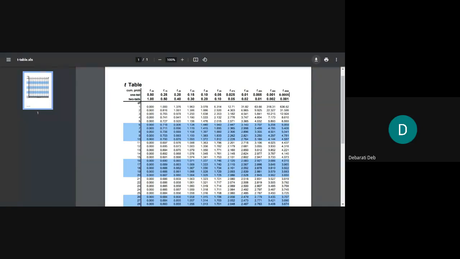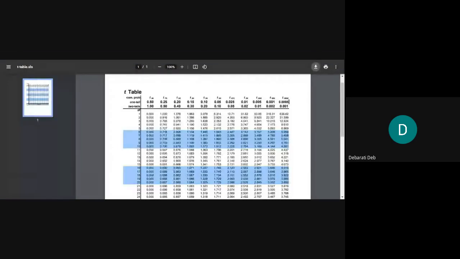This is the T table. These tables would be provided to you had you been writing in offline mode, but since you are writing online, you have to keep this table ready with you. I'll share this table in Moodle as well as in the WhatsApp group so that you can access it.